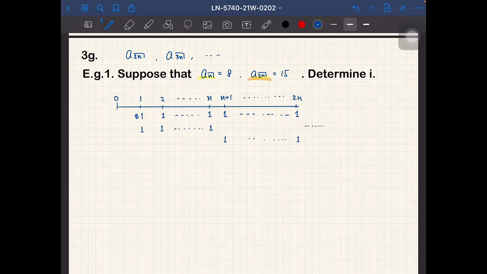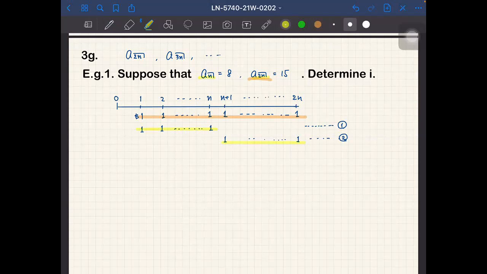So we have three cash flows, and the first one is a angle 2n. The first payment's present value is a angle n, but the second payment is also described by a angle n, because this is n payments of $1.